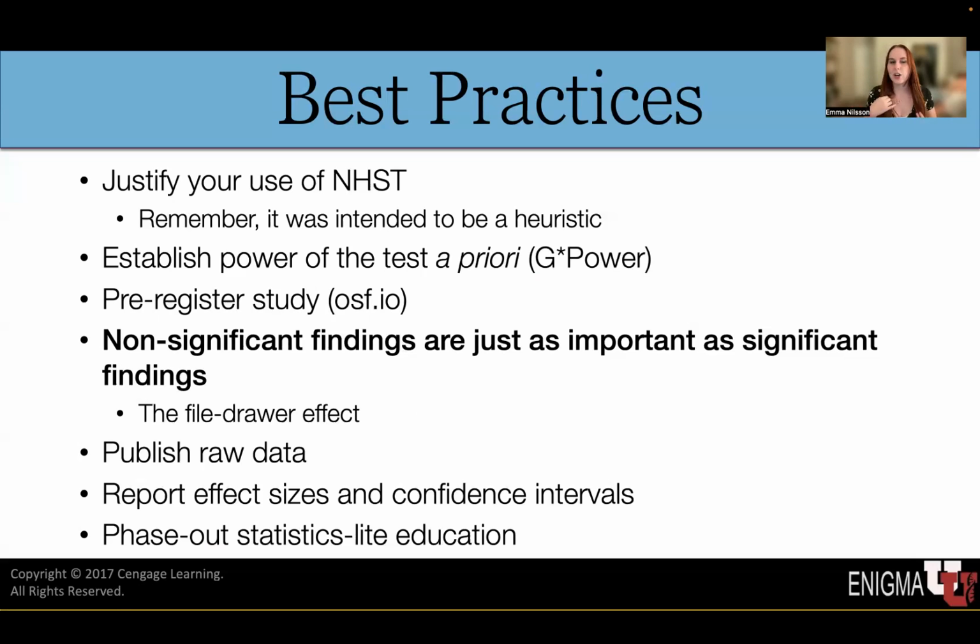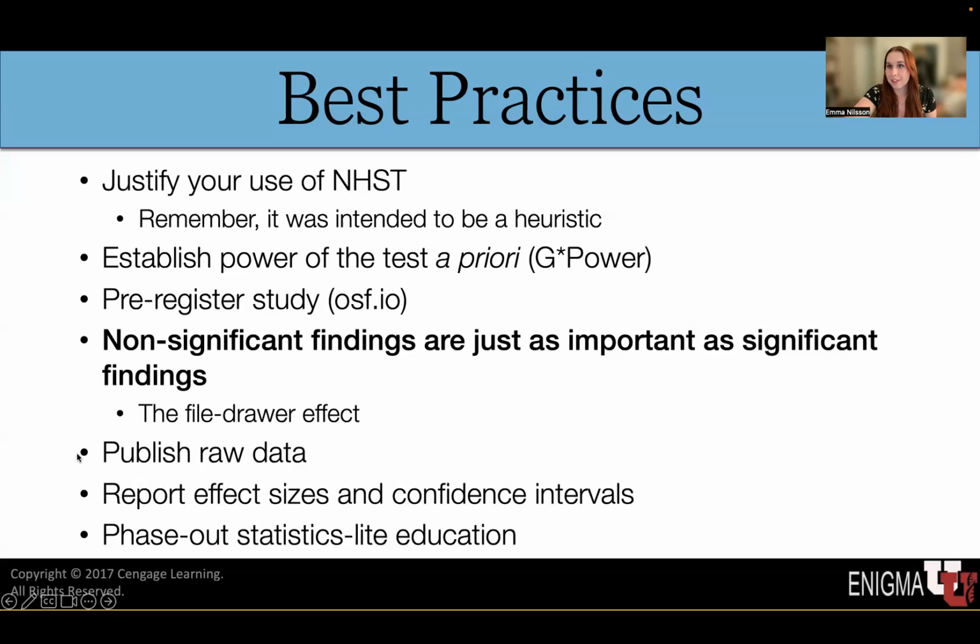Nobody sees it, which can lead to extremely biased science that is published. We need science that says we didn't find an effect just as much as we need papers that say we did find one. Because otherwise, how else are we supposed to know which direction to take science in? So publish your non-significant findings.